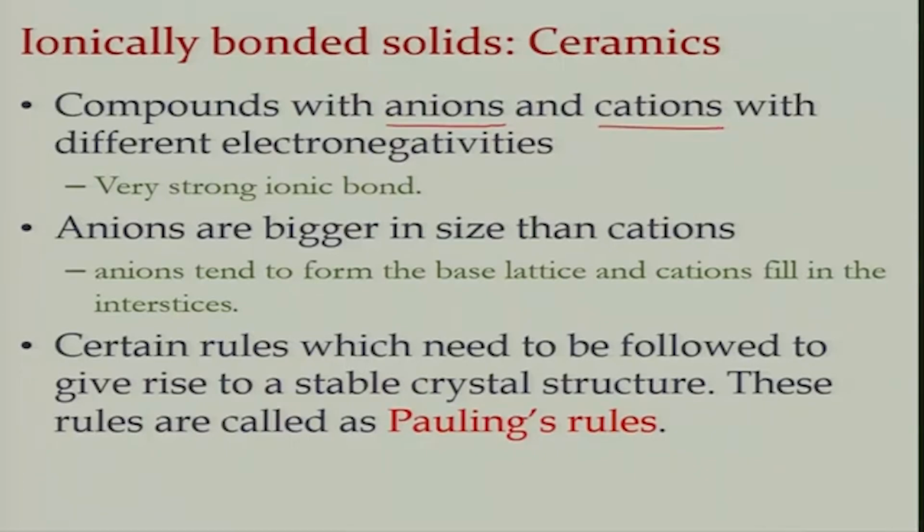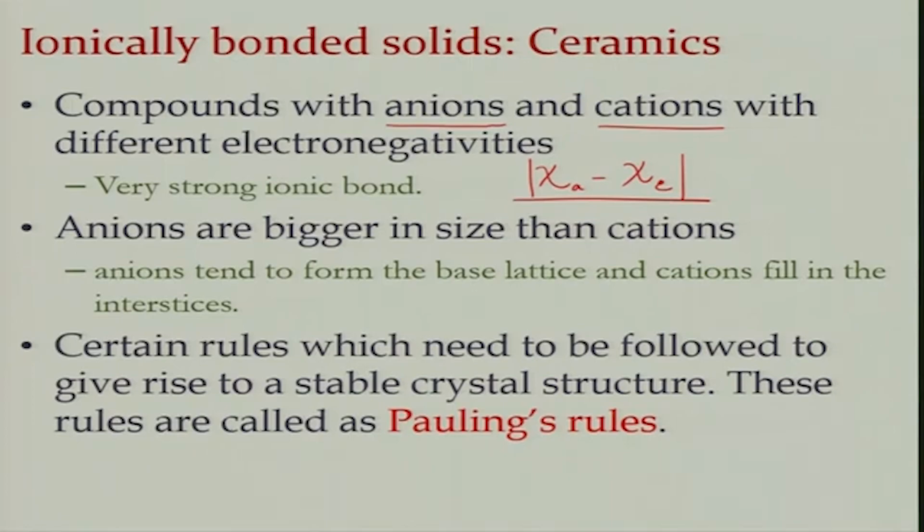And in general, these anions and cations have large difference in the electronegativity, and this large difference in the electronegativity is the driving force behind forming a strong ionic bond. So the difference between electronegativity of anion minus electronegativity of cation, more of this is basically related to the bond strength, and higher this is, higher the bond strength is.